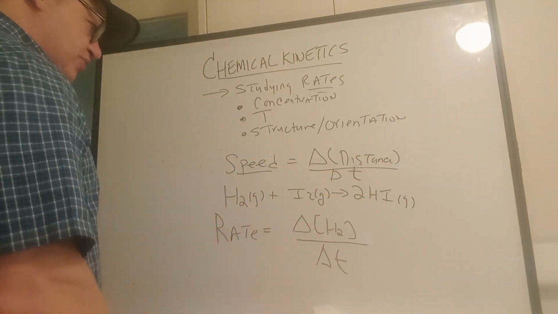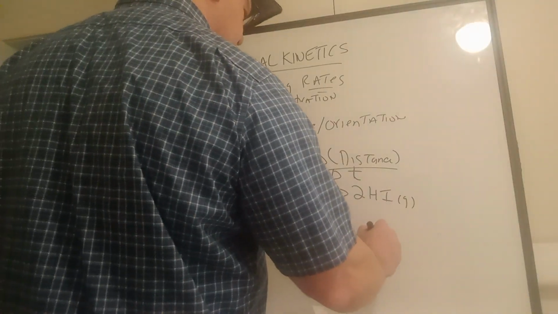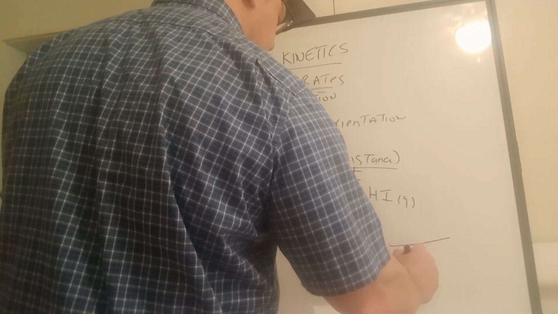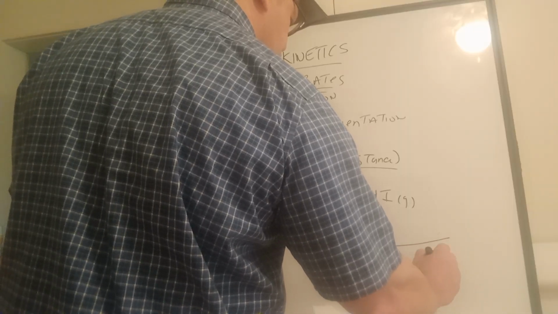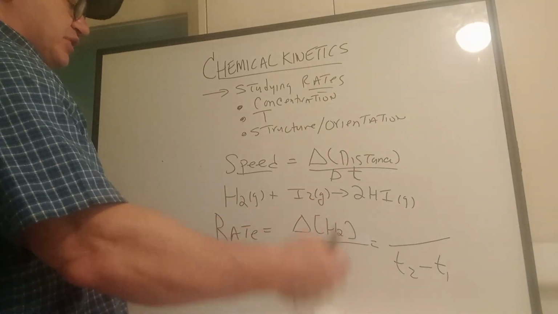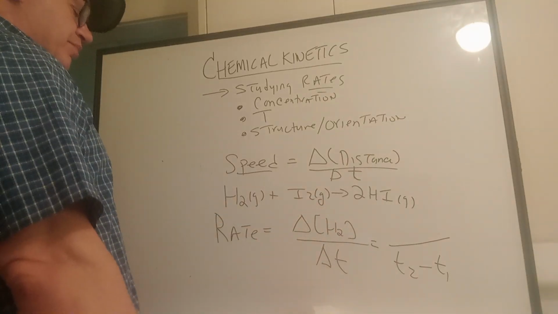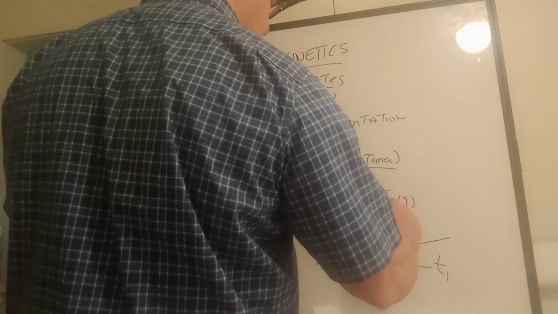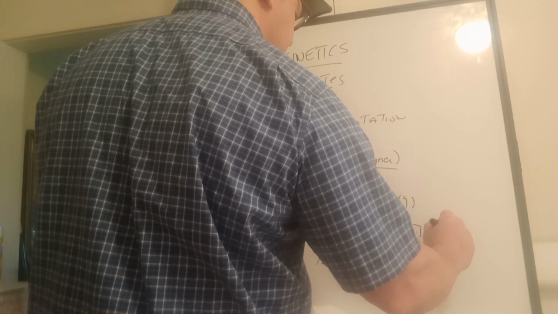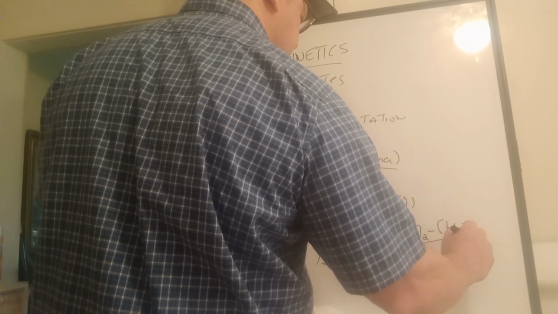The one correction you have to make to this, let's look at this in a little detail. You're going forward in time, so we'll say it's t2 minus t1, a later time minus an initial time. And the concentrations will be H2 at time 2 minus H2 at time 1.